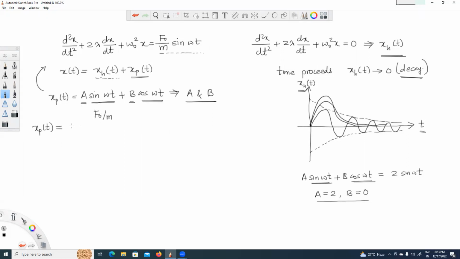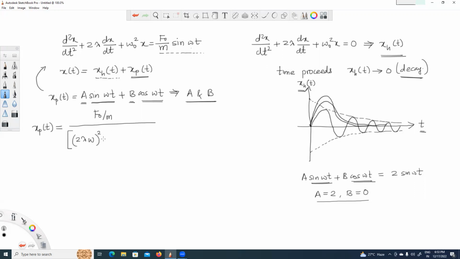f0 over m divided by the bracket. The first term is 2 lambda, remember, 2 lambda times omega. Omega is the frequency of this forcing function, and omega naught is the natural frequency of the system, right?